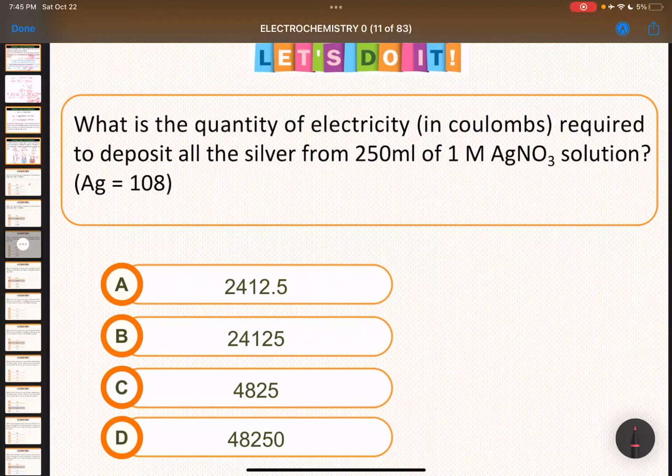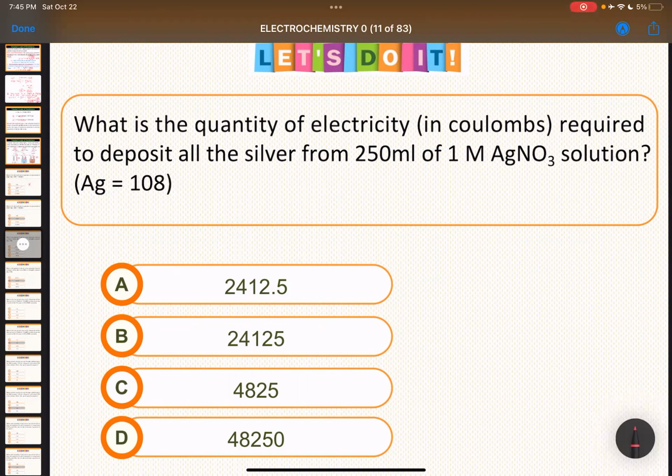Suppose you are given just 250 ml of a solution that is 1 molar.